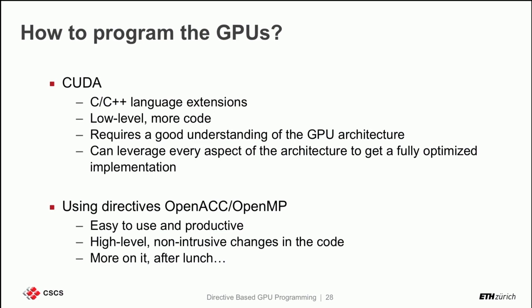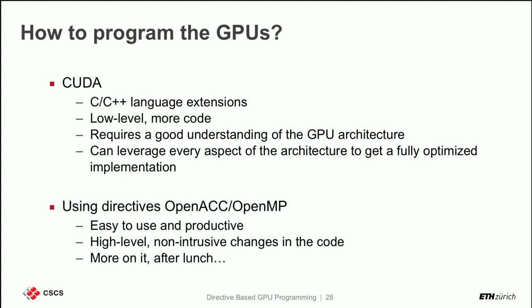So how do we program the GPUs? Of course, there's CUDA, which is the low-level interface. To go that way, you have to have an understanding of the architecture that I've shown you before.